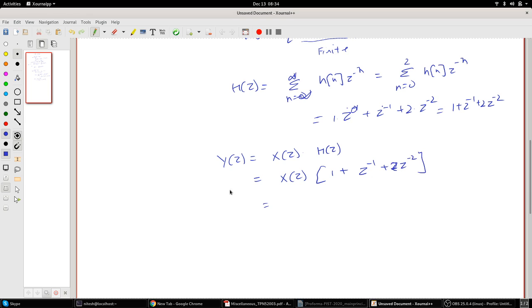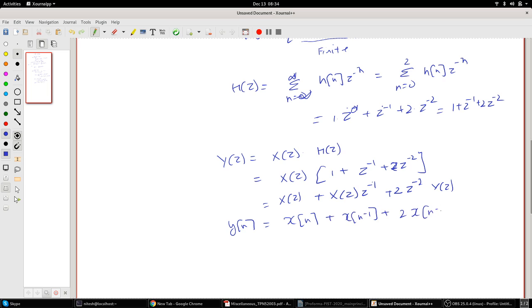Now this is x of z plus x of z into z raised to minus 1 plus 2 into z raised to minus 2 into x of z. If I take the inverse Z transform, I get y of n equal to x of n plus x of n minus 1 plus 2 into x of n minus 2. See, there is no feedback happening here. These are constant coefficients multiplied with the delayed elements of your input.